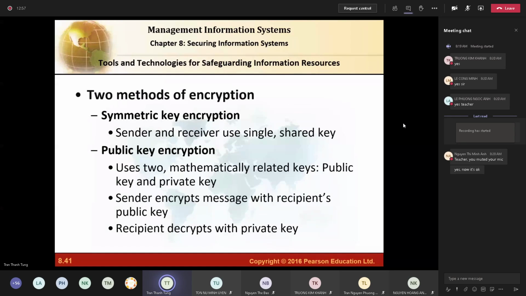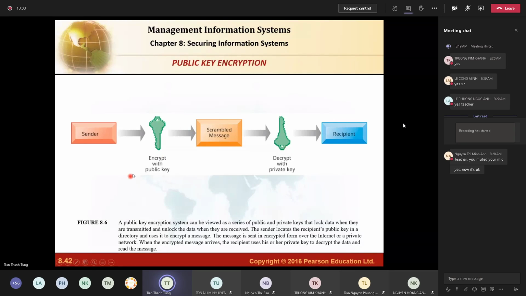Every time you use one of the keys to encrypt the message, you can use the remaining key to decrypt it. It means that if you use the public key to encrypt the message, then when you want to decrypt it, you use the private key. And this works in the opposite direction too: you can use the private key to encrypt the message, and then you can use the public key to decrypt the message.